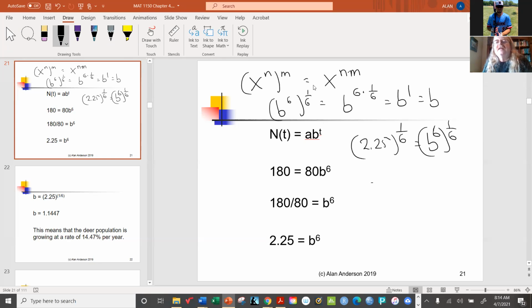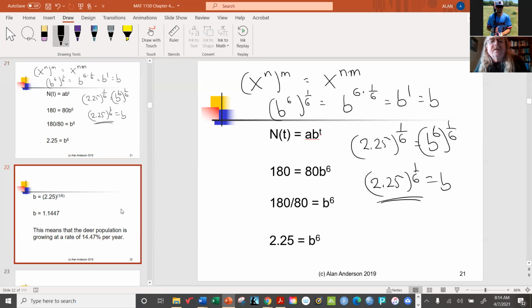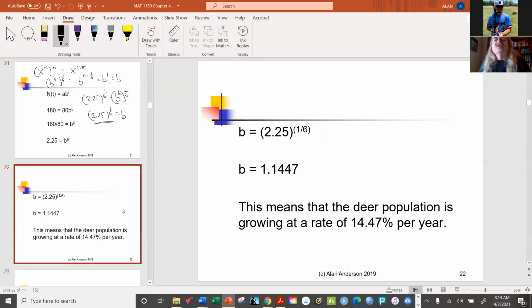So what this tells me is that 2.25 to the 1/6 power is equal to b. And whatever this number is, is the amount that we're looking for. So if you throw that into your calculator, you'll get approximately 1.1447.